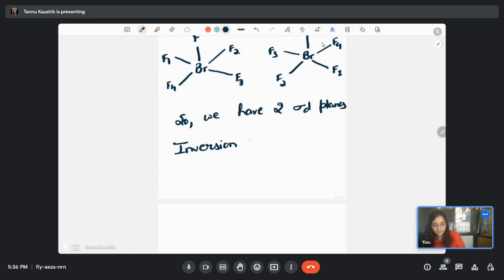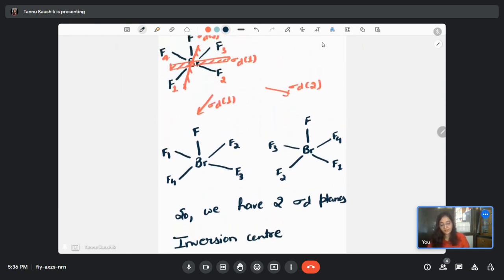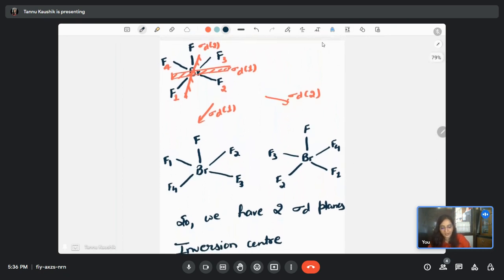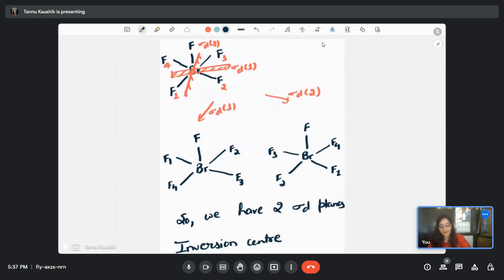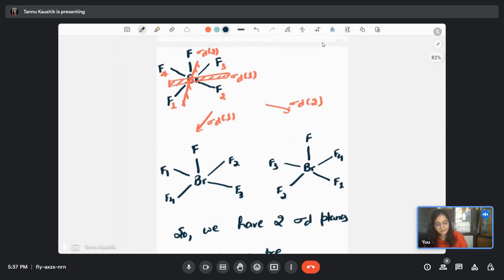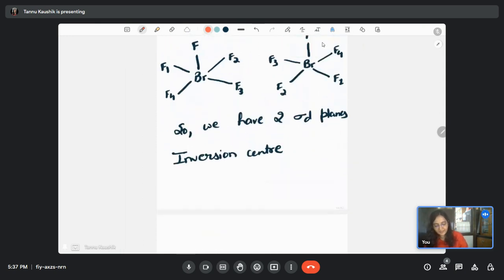And we don't have an inversion center in this molecule, because for an inversion center we should have an equal number of atoms present opposite to the center of the molecule on both sides. And here we can see this fluorine. We don't have a fluorine present opposite to this fluorine.